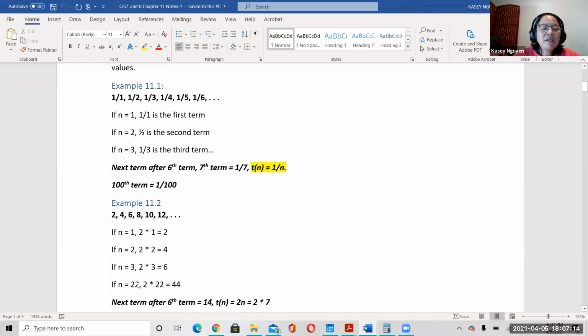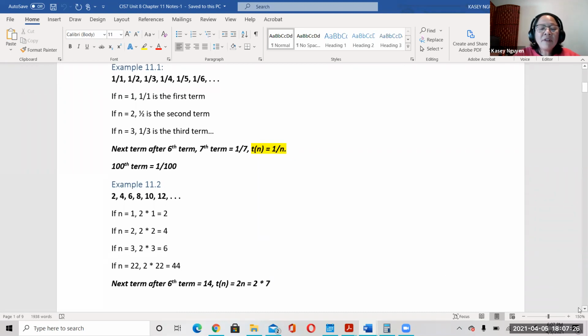So if we need to solve for n is equal to 22, we can say that 2 times 22 gives us 44. So if we need to find the 7th term in the sequence, we would have 2 times 7, which gives us 14, and so on.